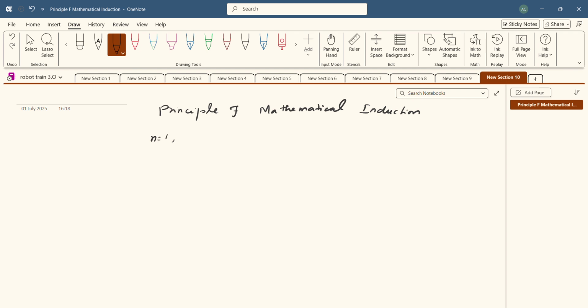Now we are going to discuss the procedure to follow to use the principle of mathematical induction.